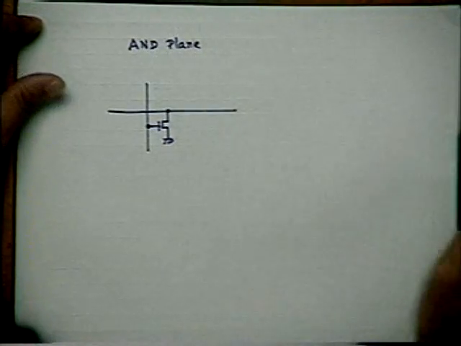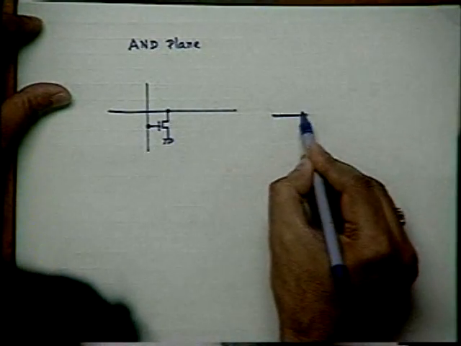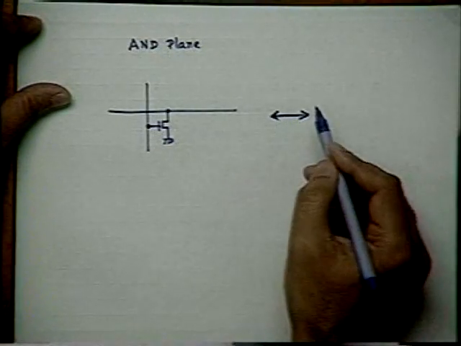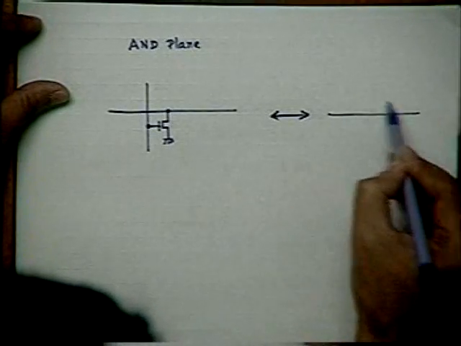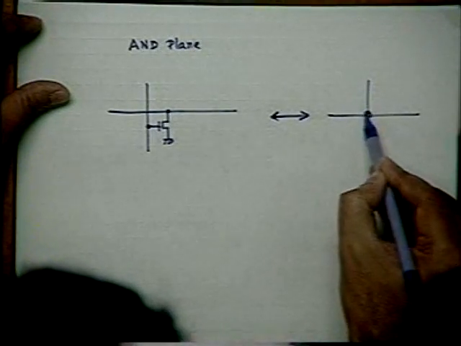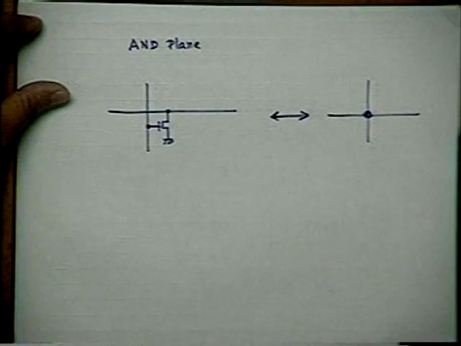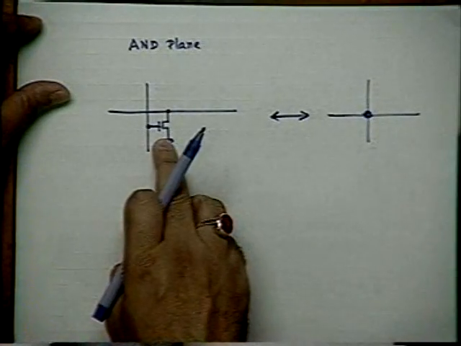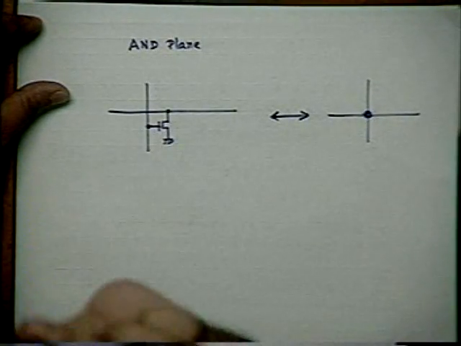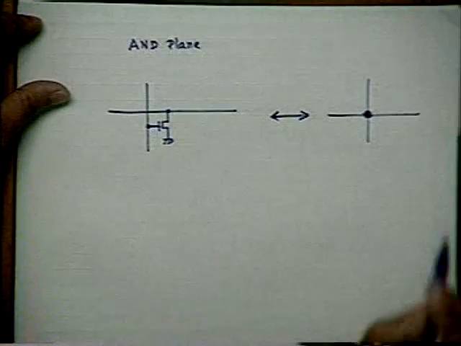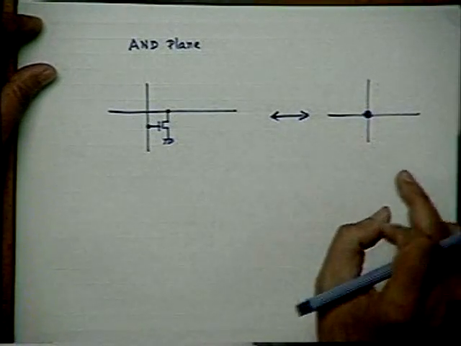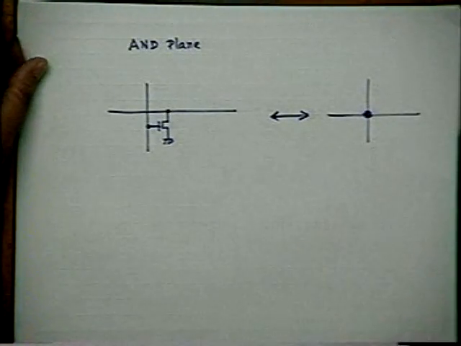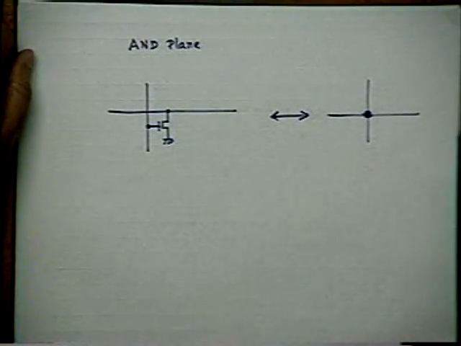Instead of repeatedly drawing the transistor, I will dot this particular node. At whatever location there is a transistor to be connected, I simply put a dot. This is called programming the PLA, or in the language of PLA, dotting the PLA.